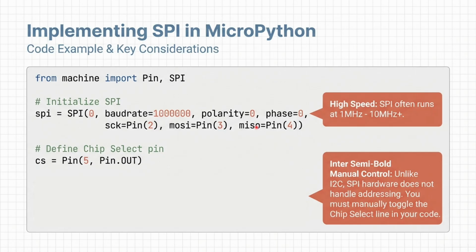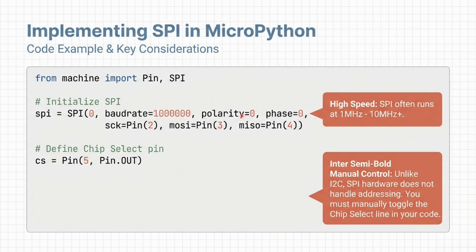Unlike our UART or I2C, notice the baud rate here is 1 million, or 1 megahertz. SPI can easily run at 10 megahertz or more. That is like jumping from a bicycle to a bullet train.